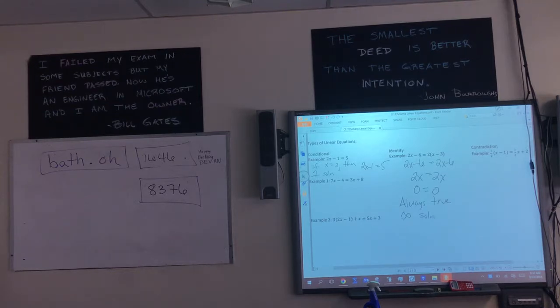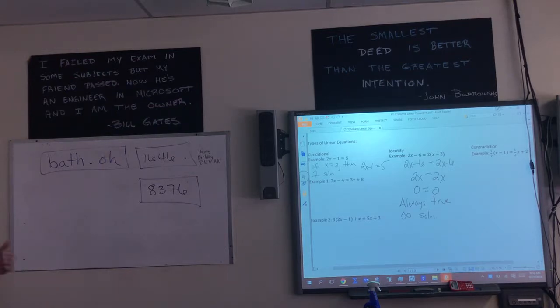If you understand that concept, an identity is going to be very useful to us when we get to trigonometry, because there's a series of equations in trigonometry that are always true, no matter what I use as an input value, that are going to allow us to make trigonometric equations a lot simpler for us to do some algebra with.